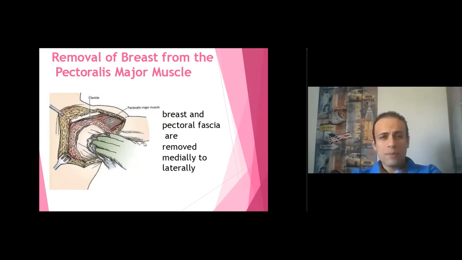When we remove the breast glands, it should be removed from medial to lateral along the muscle fibers of the pectoralis major muscle. Here is the clavicle, the anterior rectus sheath, under this hand the latissimus dorsi, here the midline, and it is removed from medial to lateral, the breast including the breast glands, nipple, and areola.